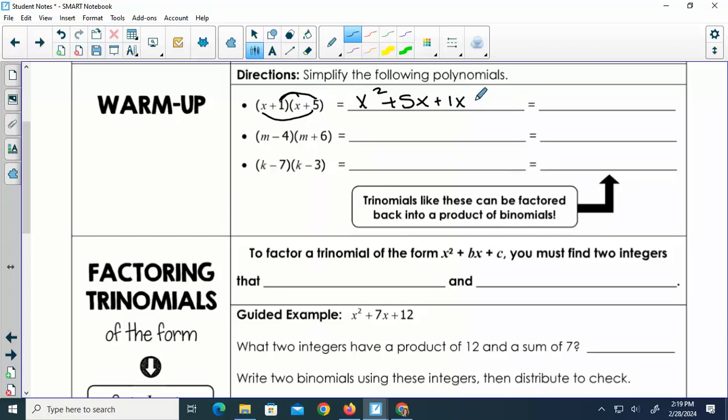And 1 times 5 is? 5. Okay, what happens now? We have like terms we can combine. So we have x squared, 5x plus 1x would give us 6x, plus 5.